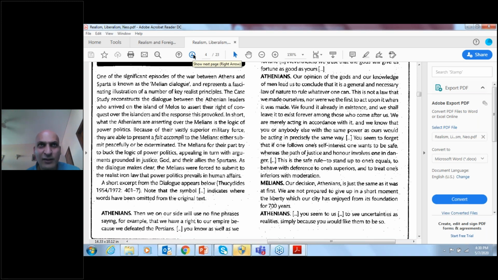So this Melian dialogue summarizes that. The Melians did not pay tribute to the Athenians. In exchange, the Athenians came back with an army. They defeated the Melian army, made slaves out of the women and children and sold them, and they destroyed the whole state, serving as a reminder to everybody: do not resist Athens.